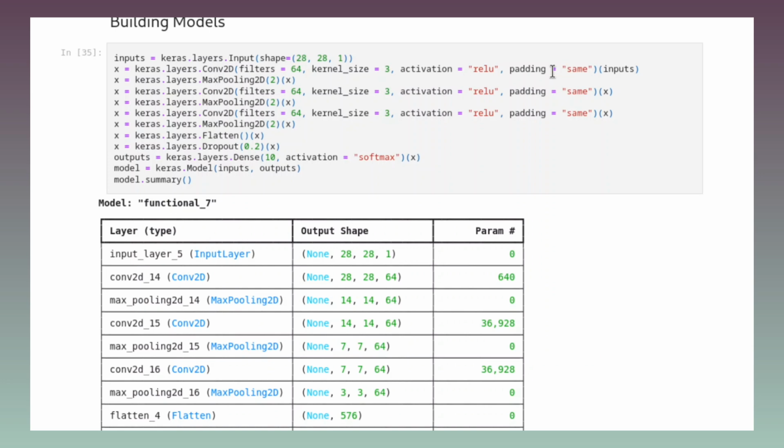Even if the filter does not fit entirely on the feature map, it will add padding so that you can get some value down the line. After that I've used a max pooling layer, then another convolutional layer and max pooling layer again, then another convolutional layer and then max pooling layer.